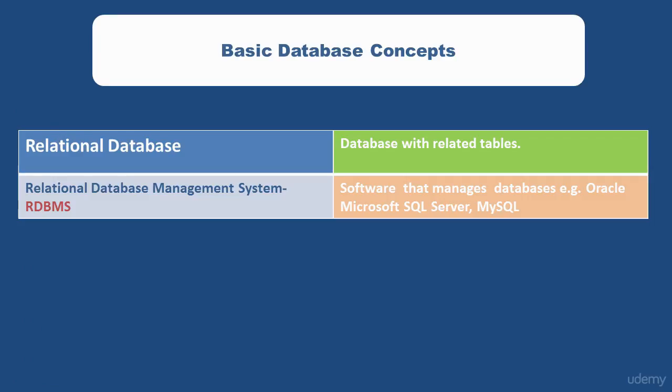It is the software that manages the databases. Examples of relational database management systems are Oracle, Microsoft SQL Server, MySQL. There are a lot more, but I've restricted my examples to these three.